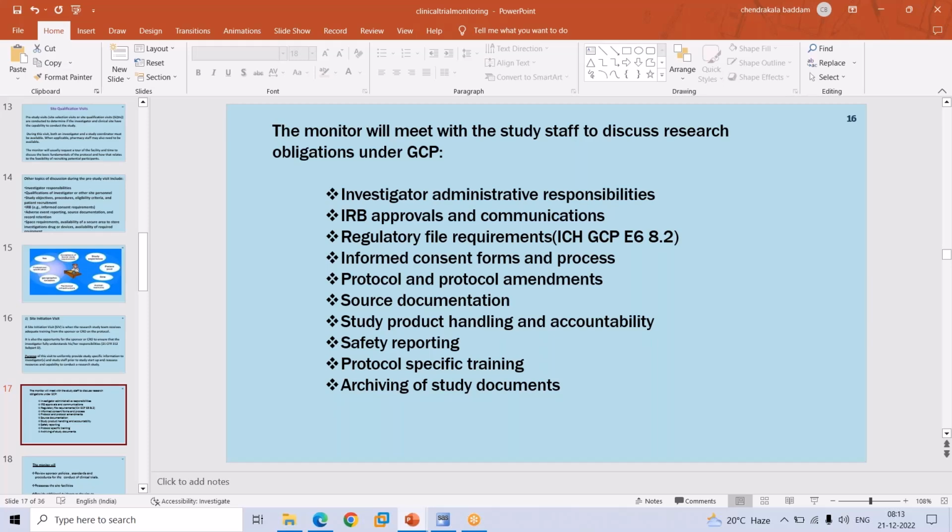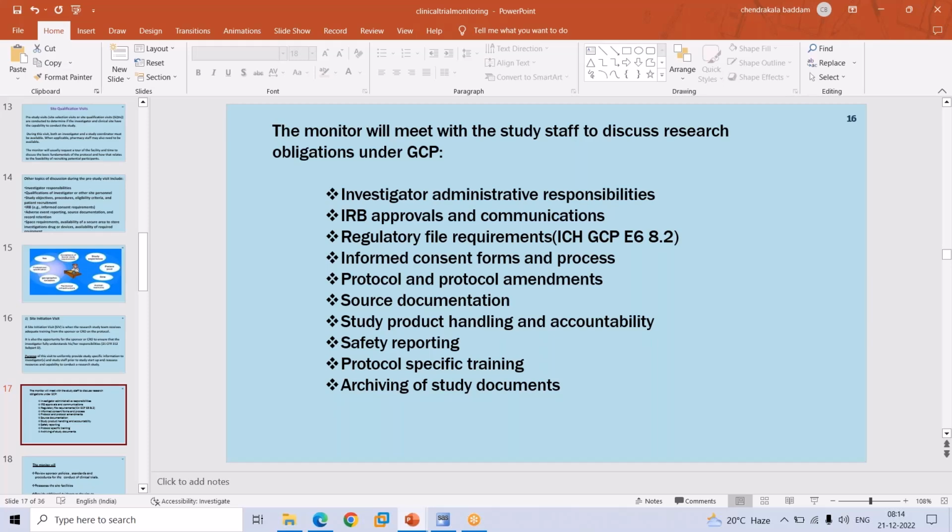Safety reporting points will also be checked: reporting timelines, how often, where and how to report. Protocol-specific training and archiving of the study documents.